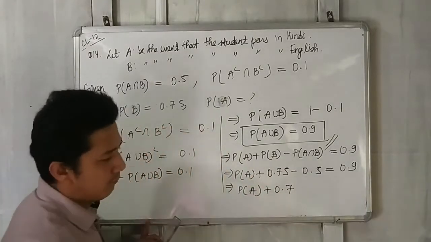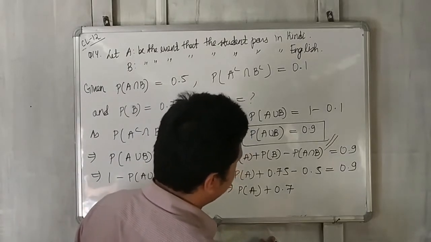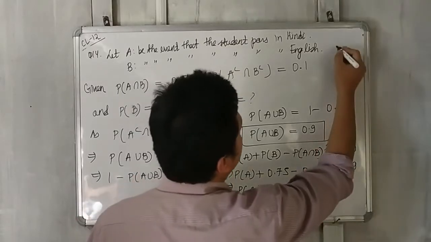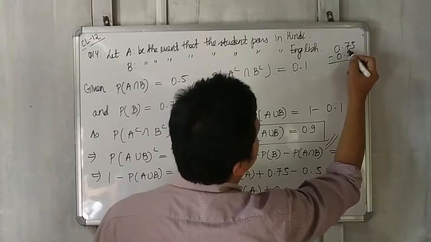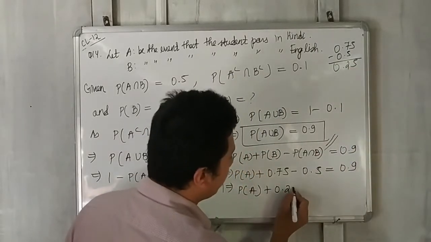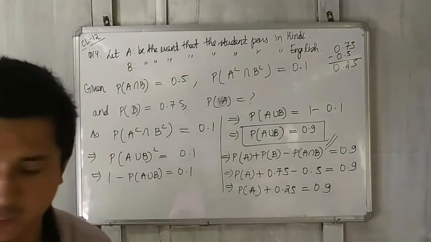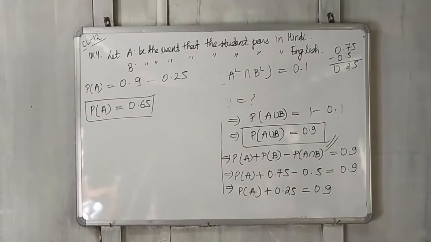So P(A) plus 0.75 minus 0.5. No, wait. 0.75 minus 0.5 is 0.25, my mistake, so P(A) plus 0.25 is equal to 0.9. You can pause the video and note it down till here, and then we will do the next step.